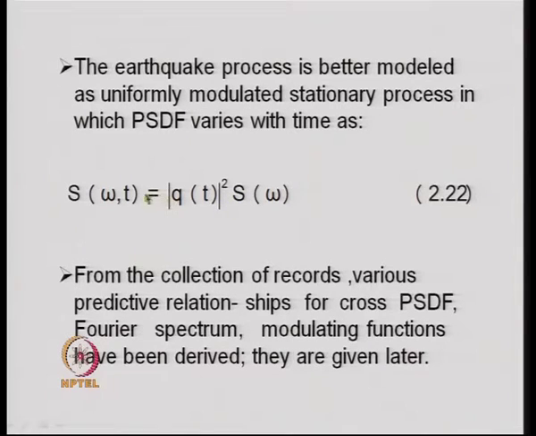So, in order to describe the evolutionary power spectral density function of ground motion, we must know the modulating function as well as the power spectral density function of the ground motion. These two inputs are provided for analyzing the structure. From the collection of records, various predictive relationships for cross power spectral density function, Fourier spectrum and modulating functions have been derived, and they are given at the end of this lecture series on seismic input.